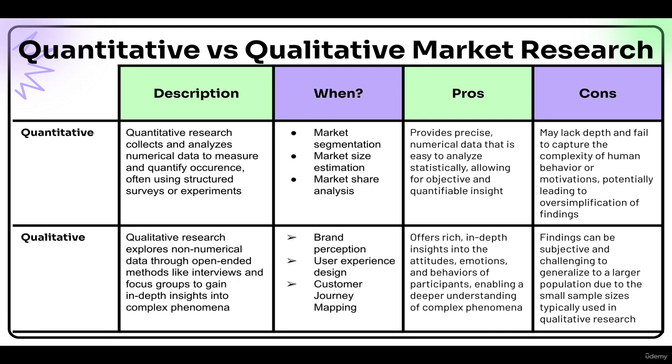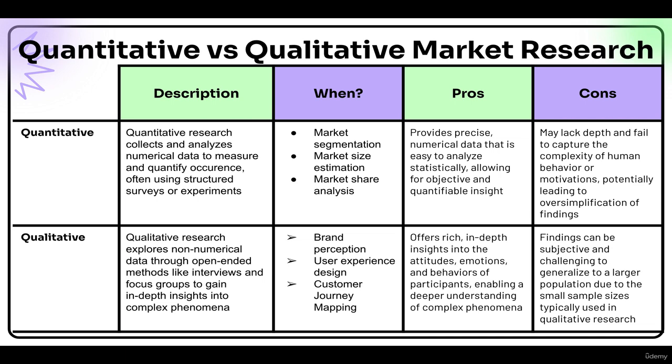And now let's talk about the cons. Sometimes the quantitative method may lack depth and fail to capture the complexity of human behavior or motivations, potentially leading to oversimplification of findings. So we need to realize that humans are more than just a statistic. Humans are more than just a number, right? There is more complexity. That's the reason why sometimes we need to use the qualitative method.